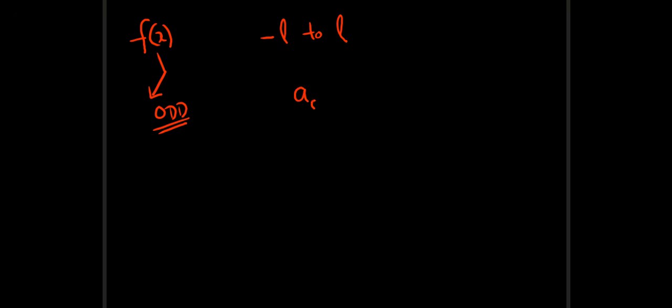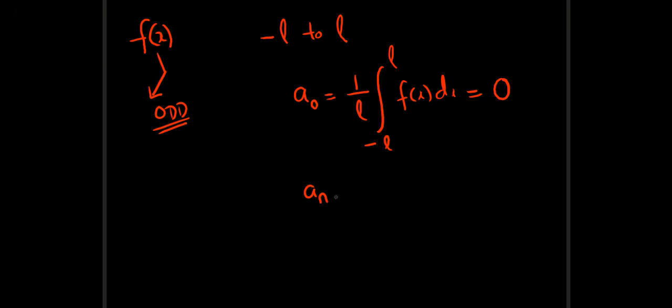Now look at this. When you calculate a0, I hope you still remember the formula. We will end up with the integral from minus L to L of an odd function. And according to the property, what will be the answer? 0. And now take a look at an. That is 1 by L integral minus L to L f of x into cos n pi x by L dx. By the way, this is an odd function and this is an even function.